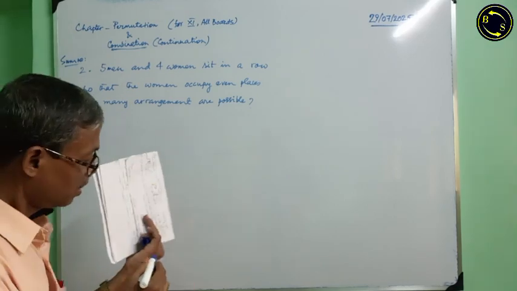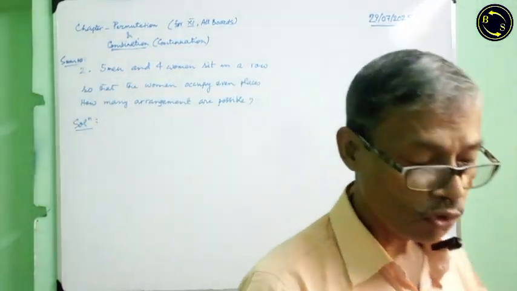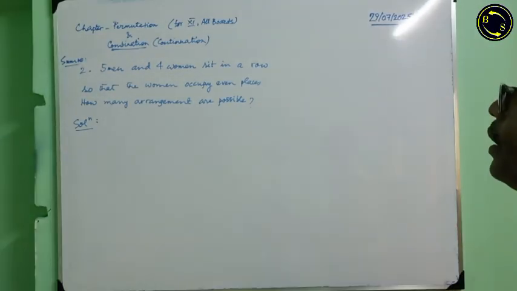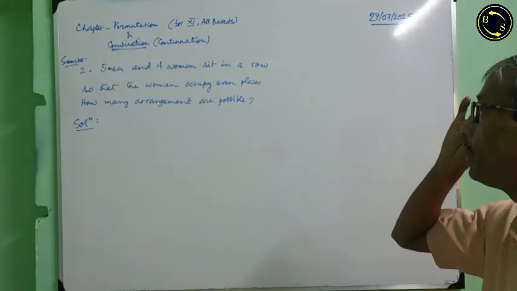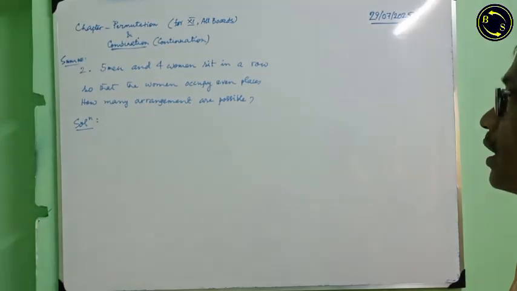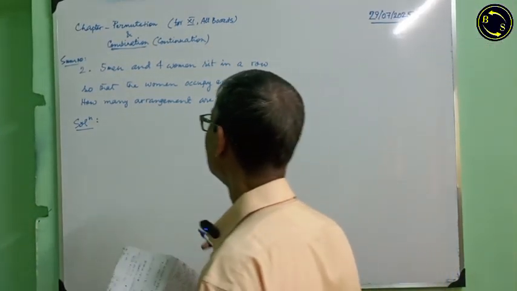Next sum: 5 men and 4 women sit in a row so that the women occupy even places. We have to find how many such arrangements are possible.